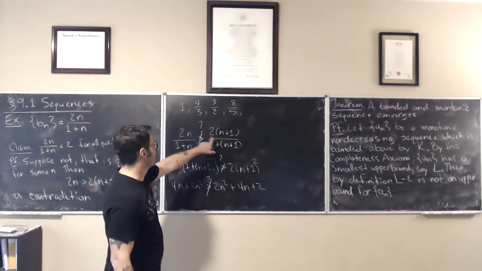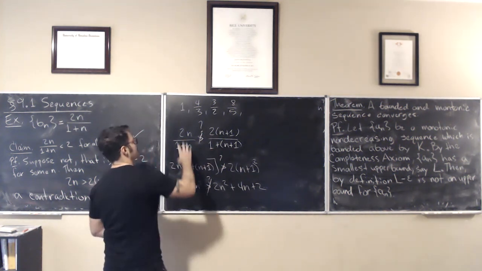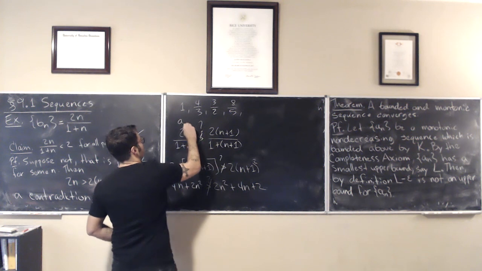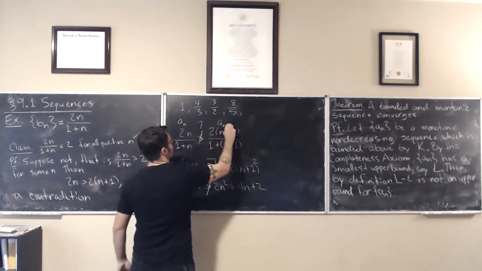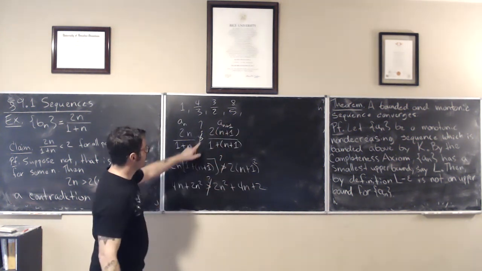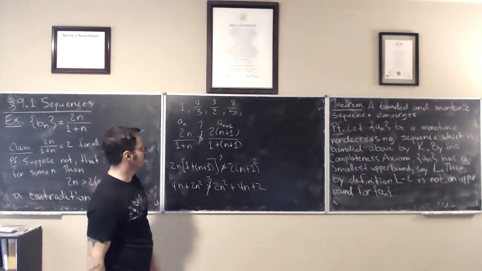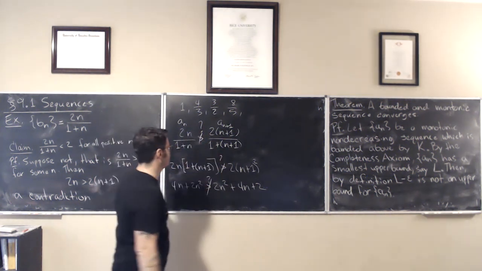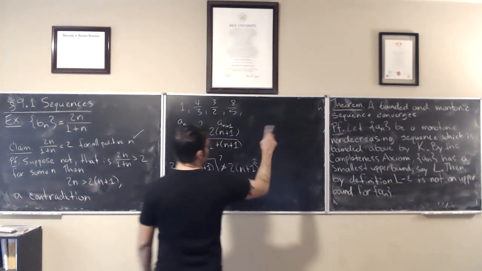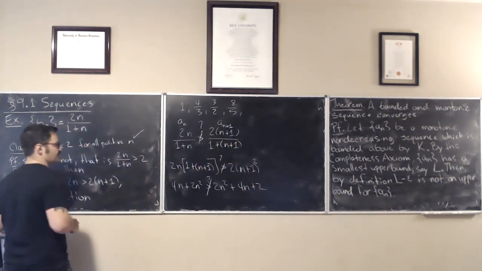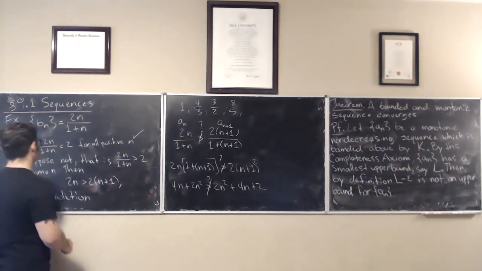Yes, that can never be the case. This is a sub n, and this is a sub n plus 1, so that can never be greater than that. So it is monotone increasing. So by that theorem, which I call the monotone convergence theorem, this does converge.